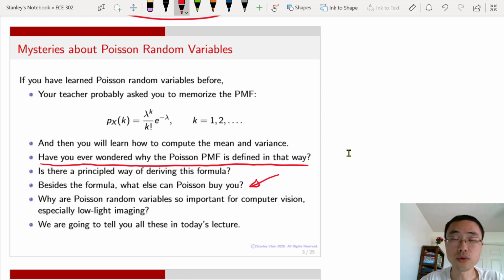And why do we care so much about the Poisson random variable? If you have come across some research work in computer vision, you may realize that Poisson random variables are very popular in modeling low light imaging. Why is that the case? We want to go over all of this in today's lecture.